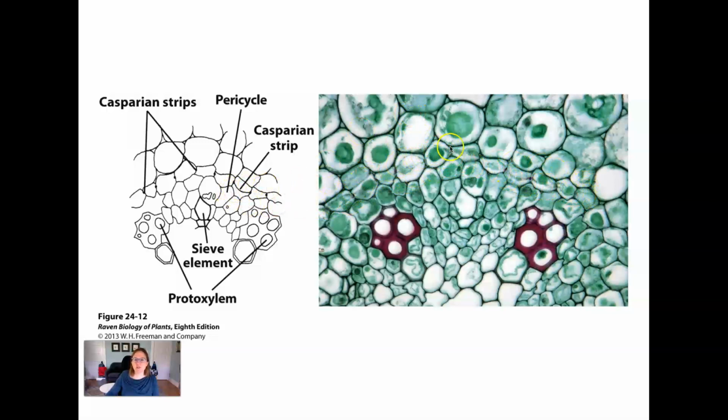You can see they have a sort of seal. There's a block between these cells of the endodermis that's preventing movement of solutes moving through the cell wall. They hit the Casparian strip and they can't get into the xylem, which is in this area here.